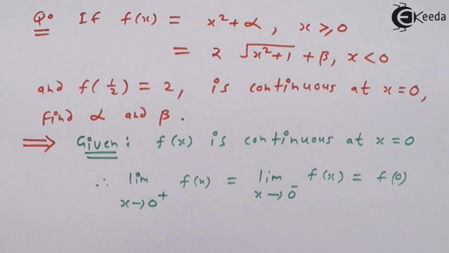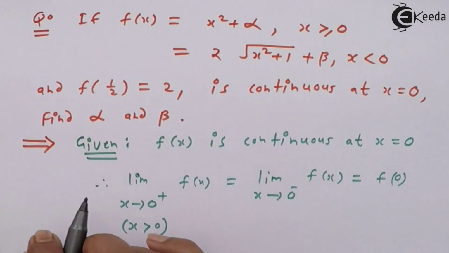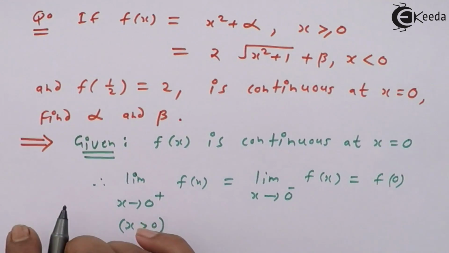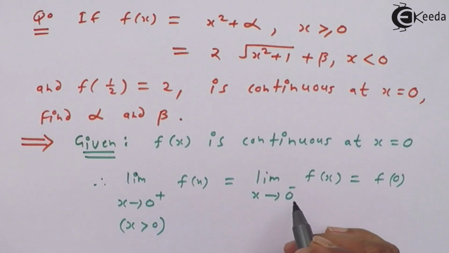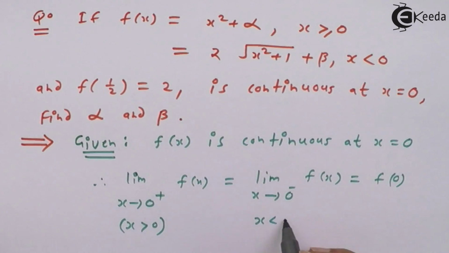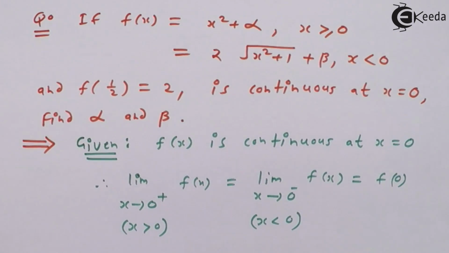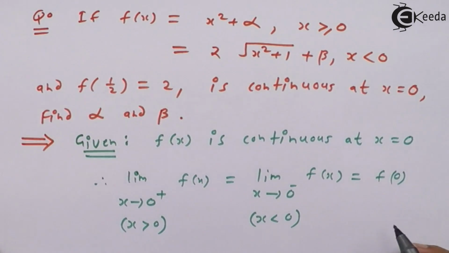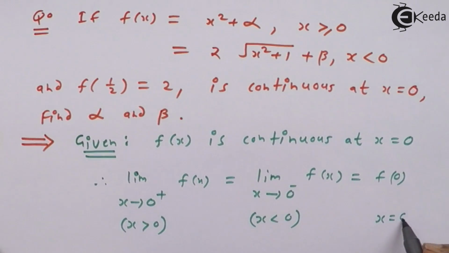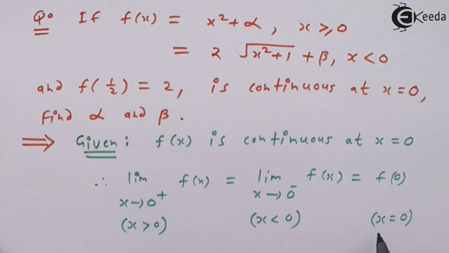Now here 0 plus means x should be greater than 0 and that is called a right hand limit. 0 minus means x less than 0, that is called a left hand limit, and f of 0 means x exactly equal to 0.